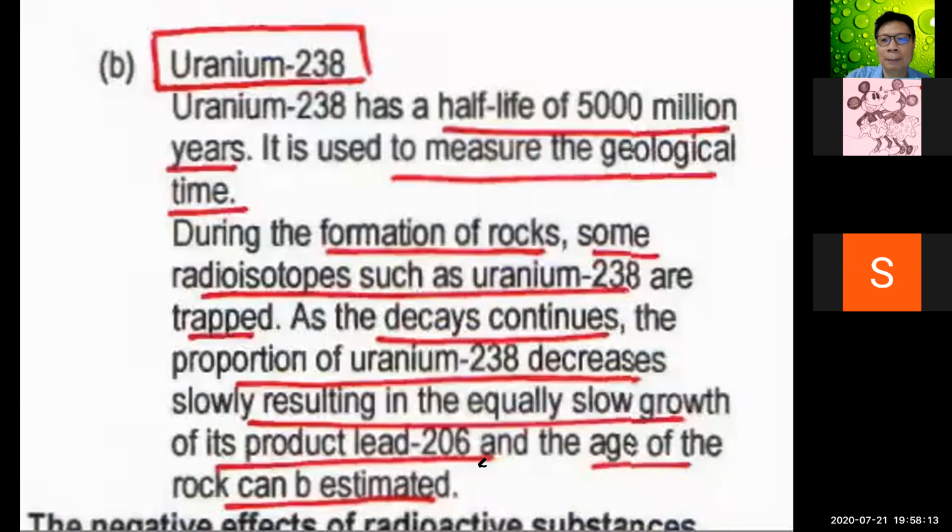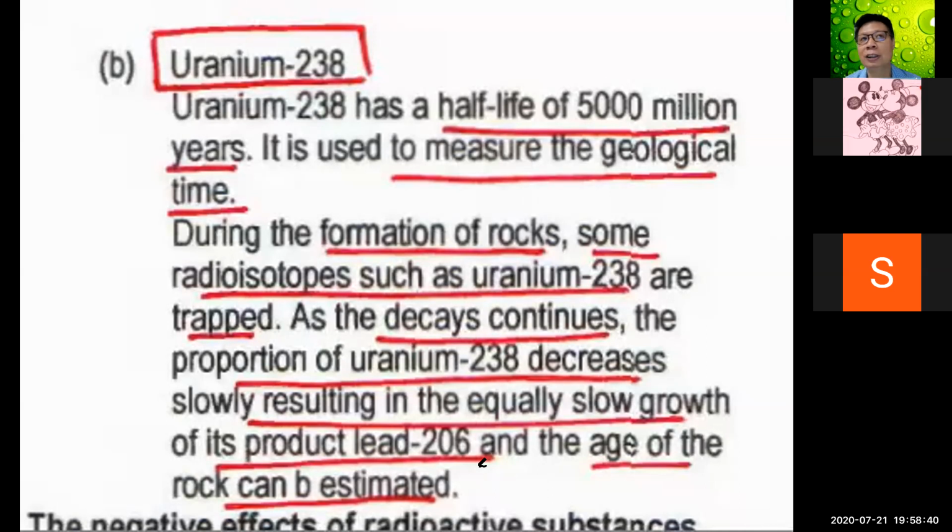Because the half-life is so long, you can estimate. Now you check the percentage of uranium that stays, so you can estimate the age. For example, how old is our Earth, how old is our Moon? How many years since the beginning of the formation?